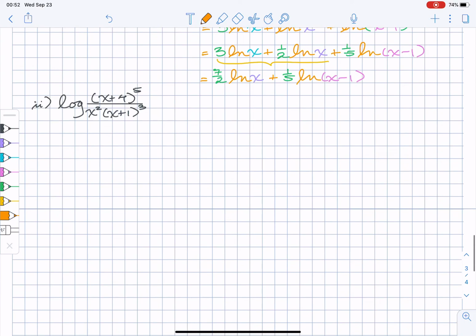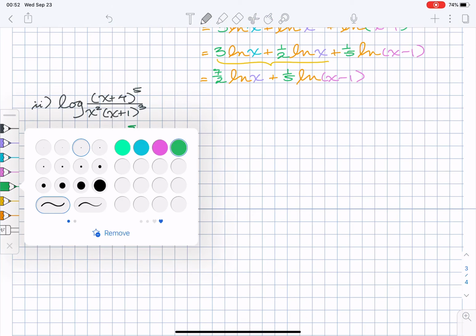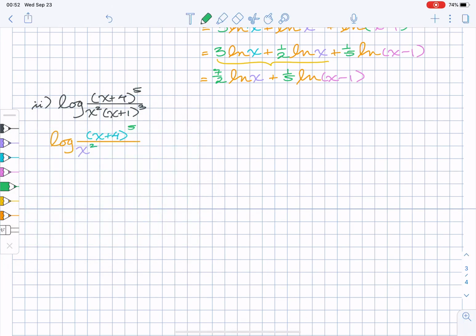Okay, so we have log of the quotient. Let's do, in the numerator, x plus 4 to the 5th power. Then in the denominator, we'll have x to the second power. Then we'll have quantity x plus 1 cubed.